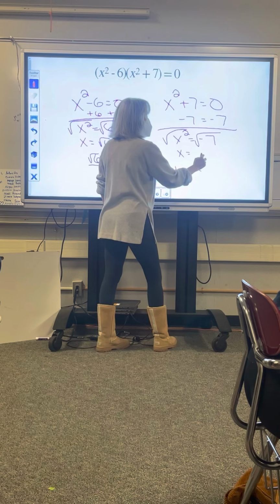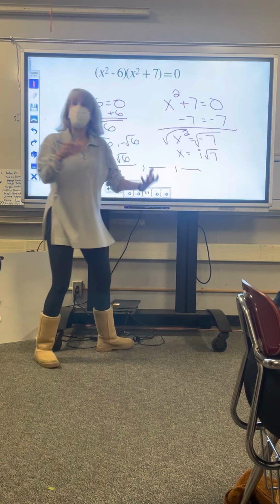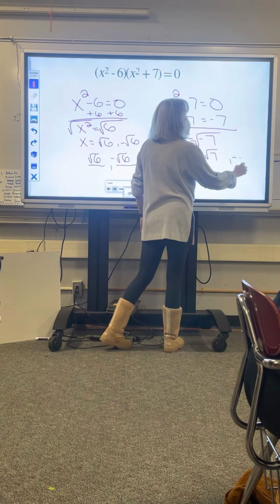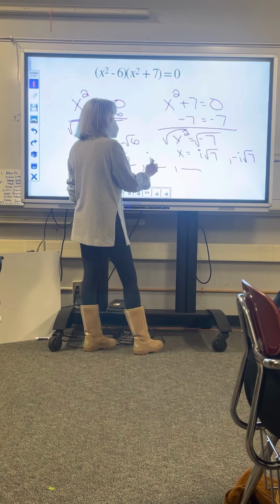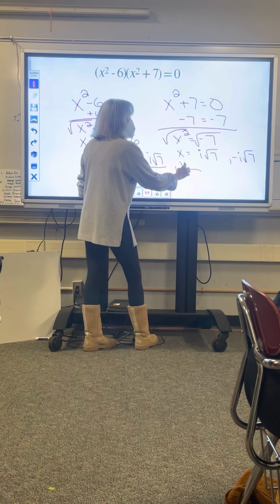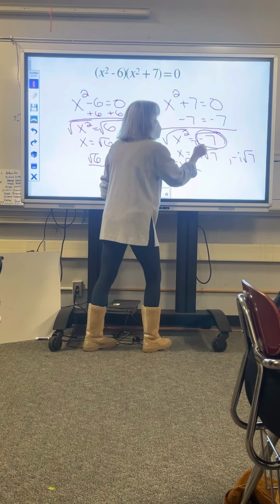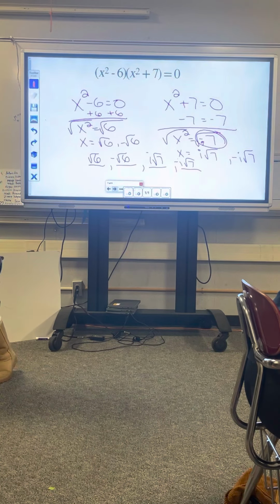What I need to do is pull his imaginary friend out. i root 7, and his partner is also there as well, negative i root 7. And again, that's because I can't have a negative inside the jail. There's no such thing as a negative number inside the square root. So that's imaginary. We just yank it out.